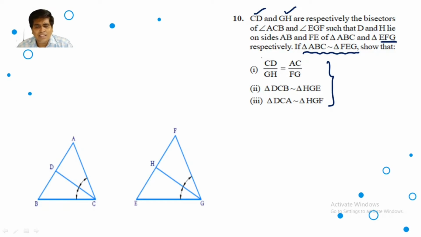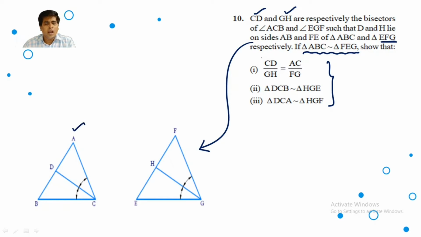Before solving the question, let us show this as a diagram. In the diagram, I have represented the same statement. I have taken triangle ABC here, and I have taken triangle FEG. In ABC and FEG, at C, CD is an angle bisector.